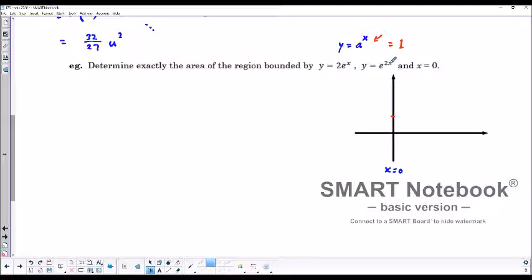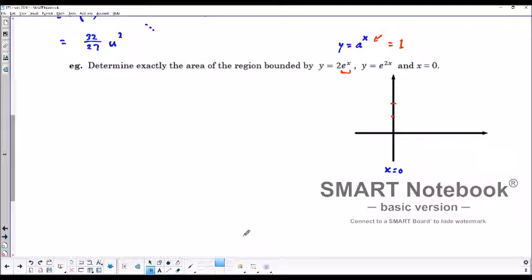So this graph, y equals e to the 2x, that's going to have a y-intercept of 1. Now this part of the function, e to the x, will equal 1 when x equals 0. However, we're multiplying by 2. That's a vertical stretch. So that function then is actually going to go through y equals 2.